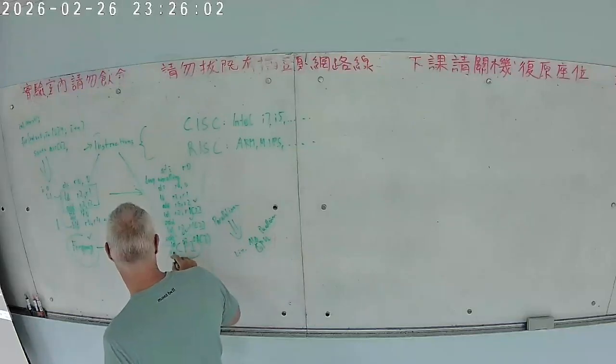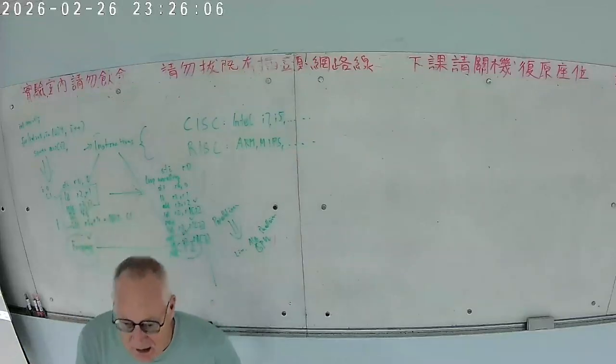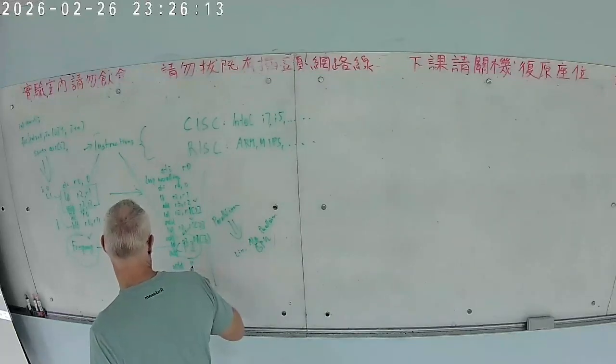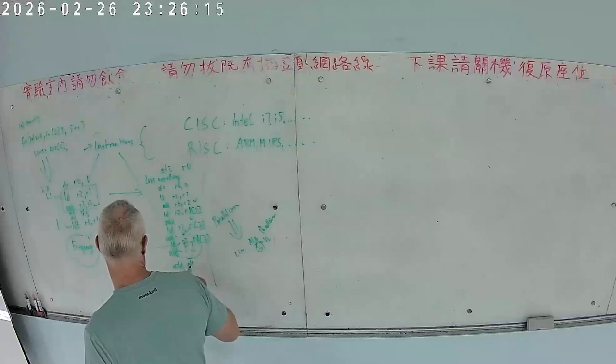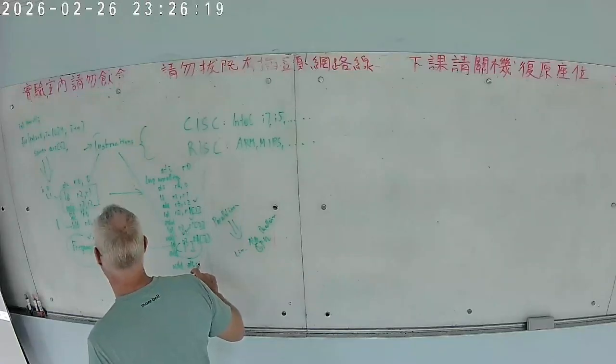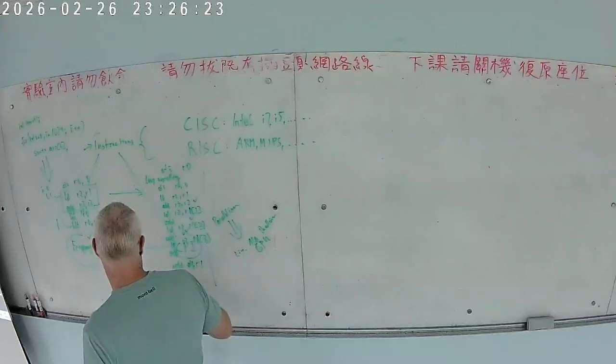So basically, I take that loop and I unroll it. Then I need to add 4 to the index register, then I increment.